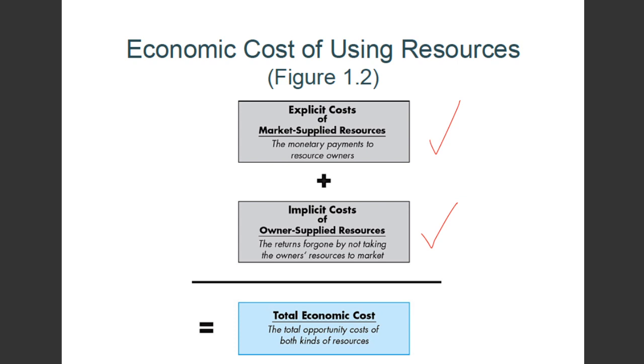So not having used that building for other purposes, not selling the PCR equipment used to conduct the test, and staff that you're taking out of their current responsibilities and moving over to that clinic where you're conducting the virus testing. Those are all implicit costs, and together they contribute to the total economic cost, the total opportunity cost of both kinds of resources.